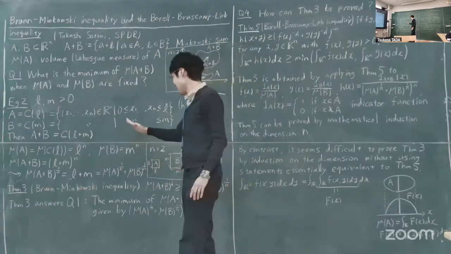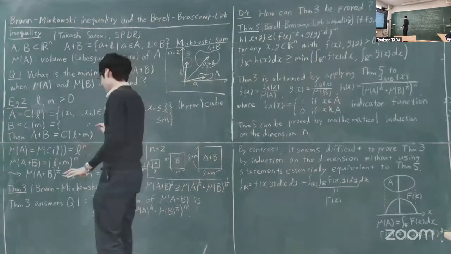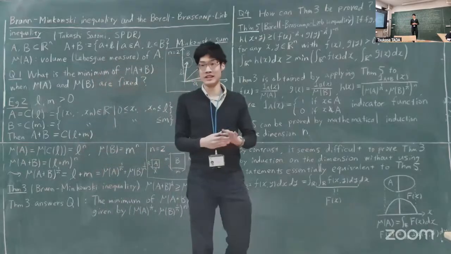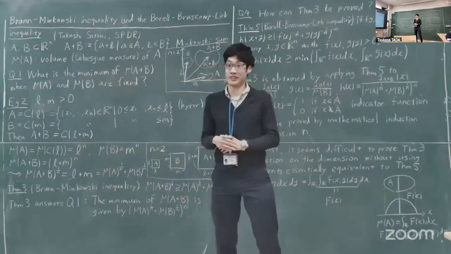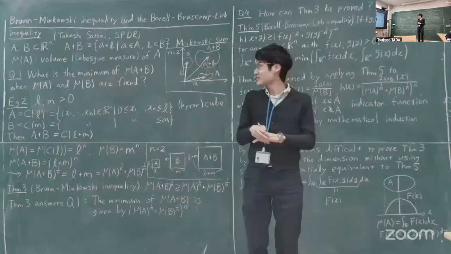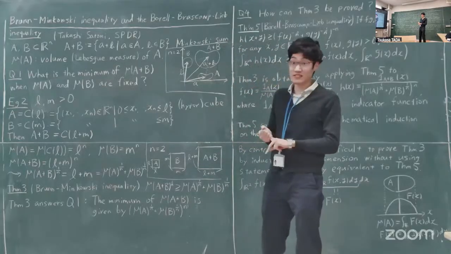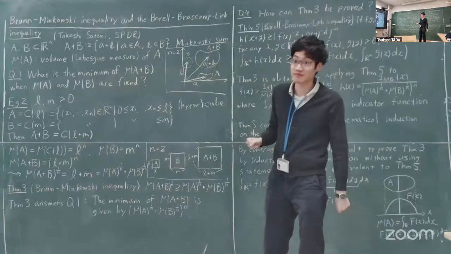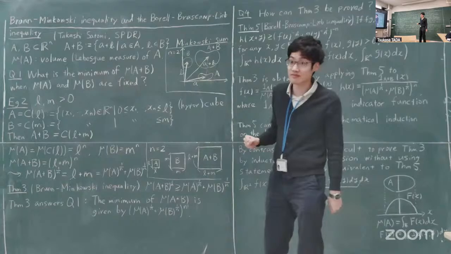So I see. So there are other proofs which do not look like this at all, and yet they still use the Borell-Brascamp-Lieb inequality implicitly in some different form.